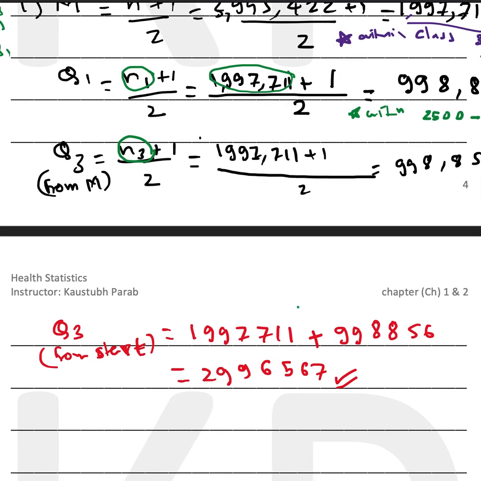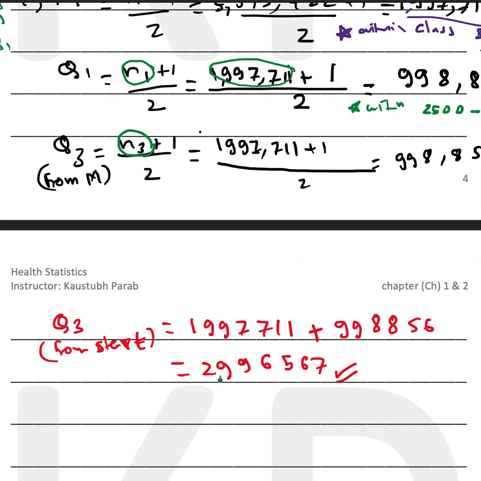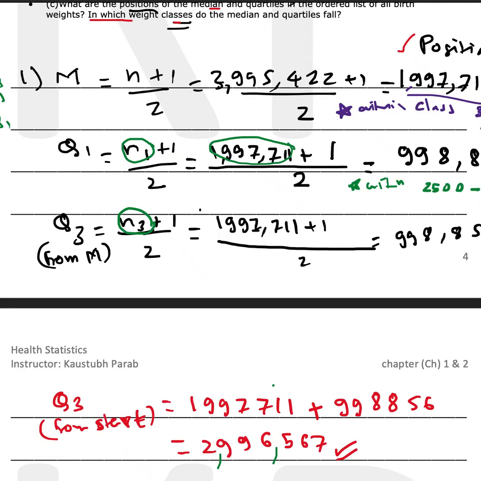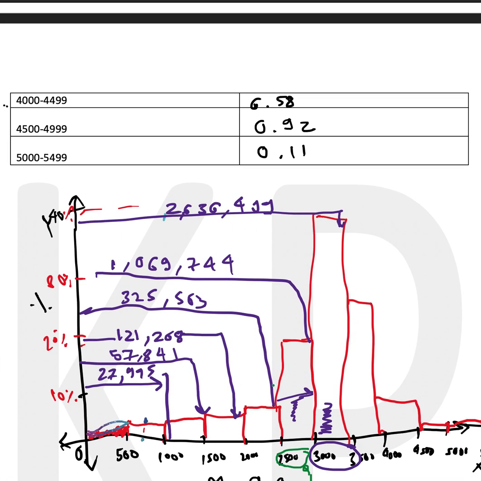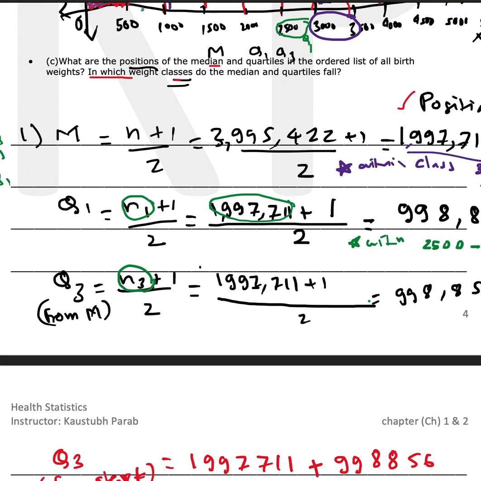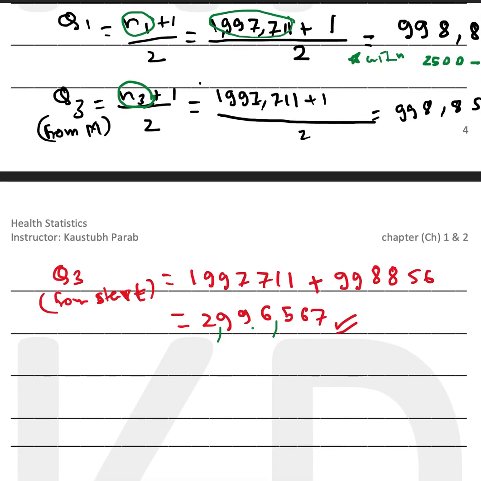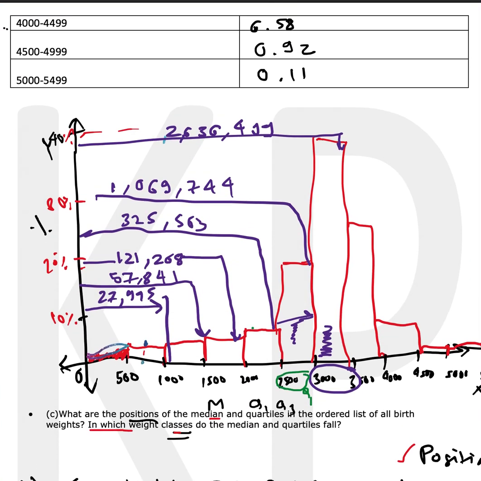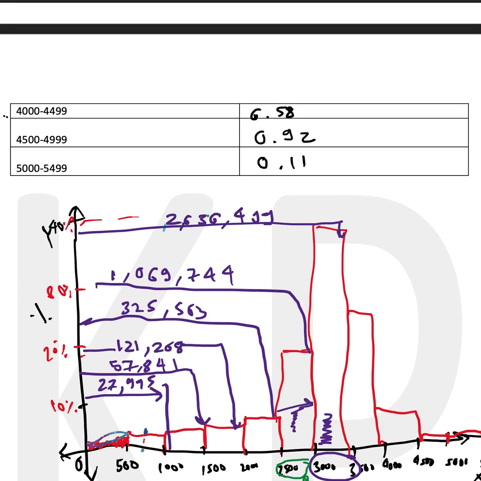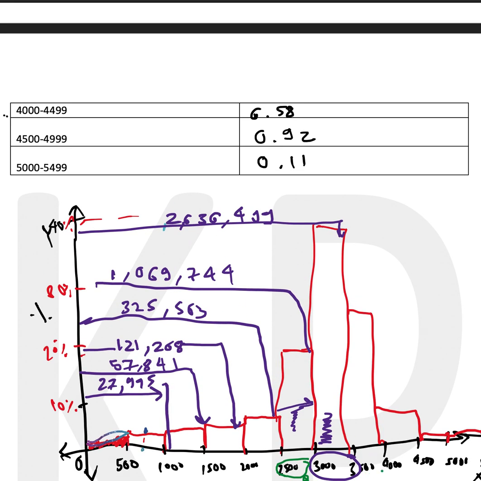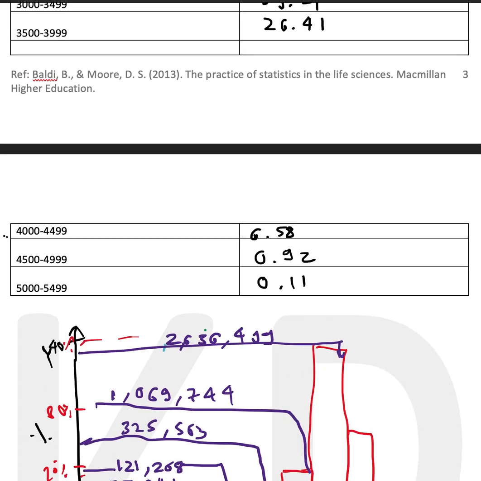Now for Q3 we still have to go for this far, 2996, but we can certainly see that if we add the next frequency we are about to reach that particular value or position. But you can give it a try after 3500 to 4000, so just add that number to this position.